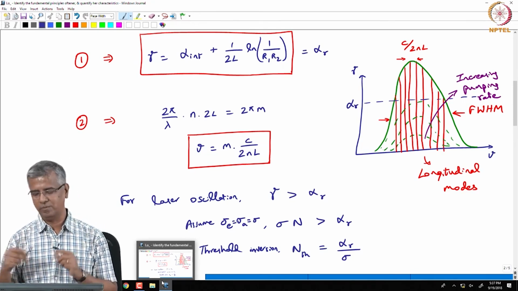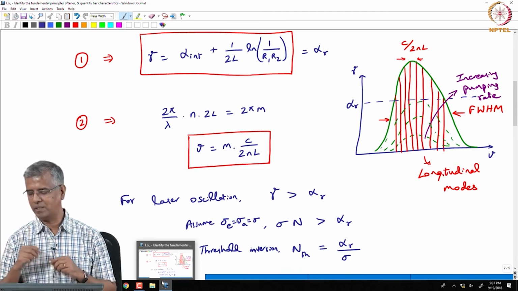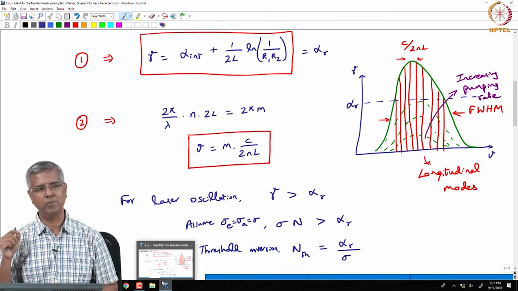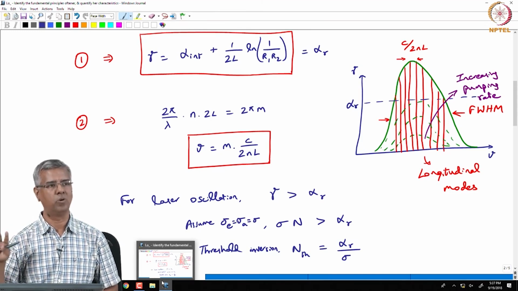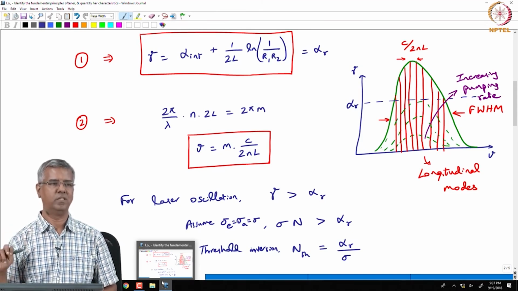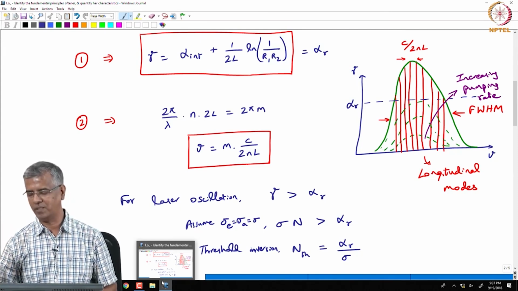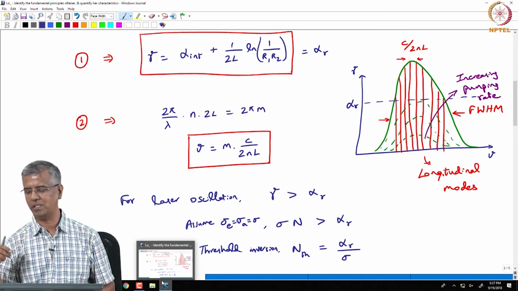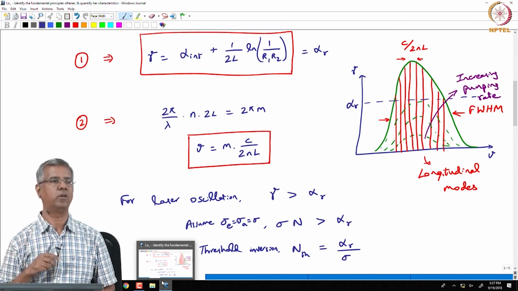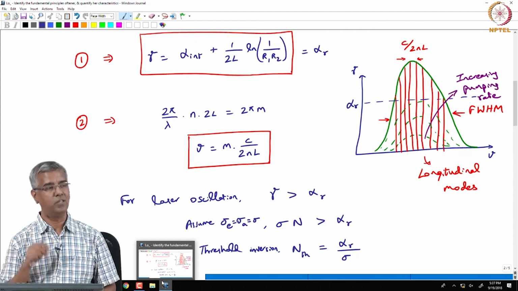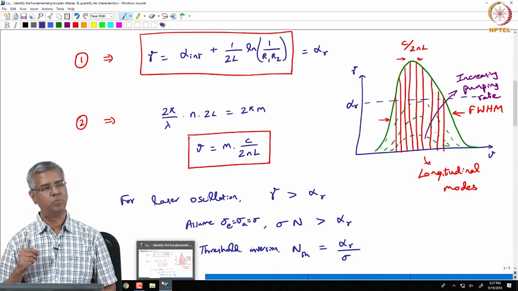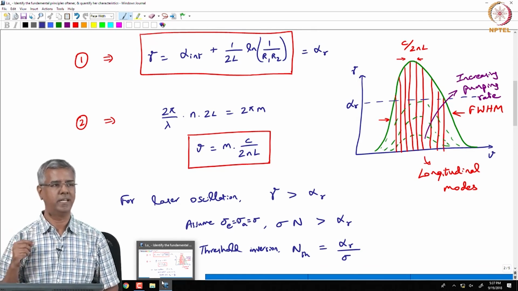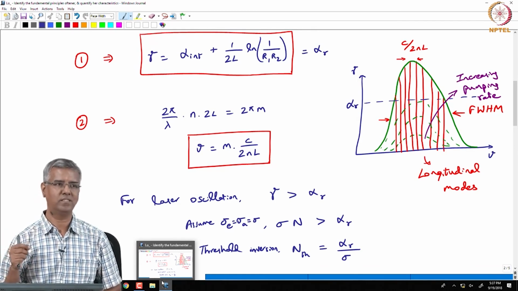We maybe will come back and look at it in a little more detail later on, but we have something called mode locked lasers. All the longitudinal modes are locked. When you go through certain procedures to make sure that all the longitudinal modes are locked, then you can actually produce short pulse lasers. How short? People have already done femtosecond pulses.